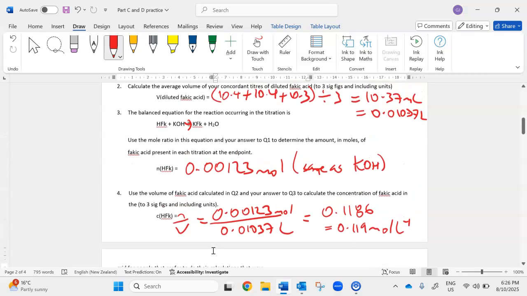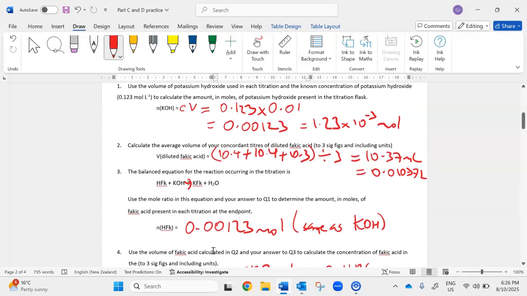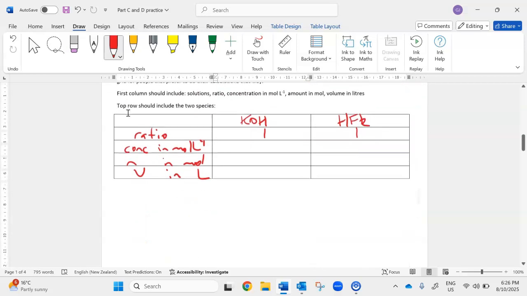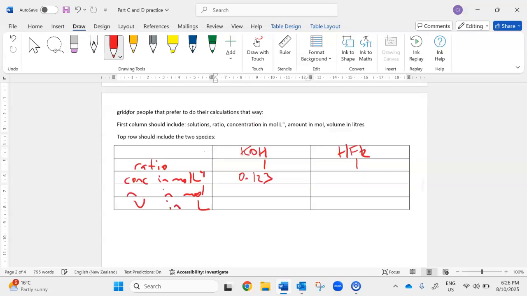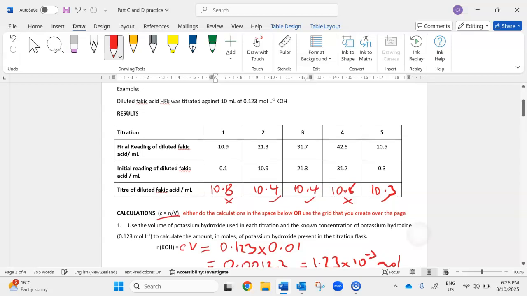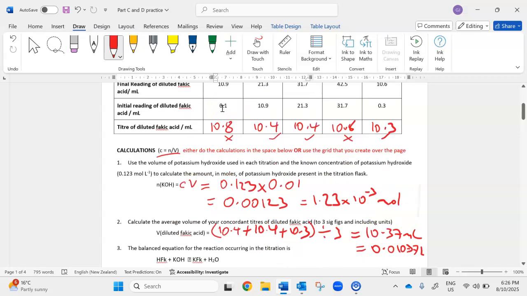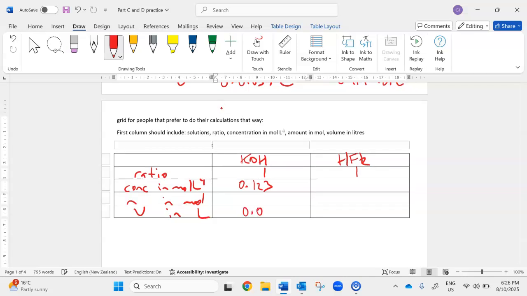We are told that the concentration of potassium hydroxide is 0.123. There it is there. We're also told that the volume of potassium hydroxide is 10 millilitres, which is 0.01 litres. That goes there.